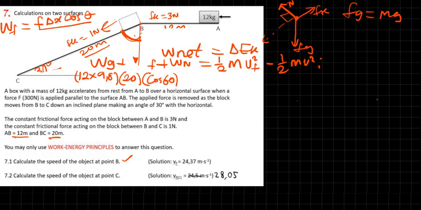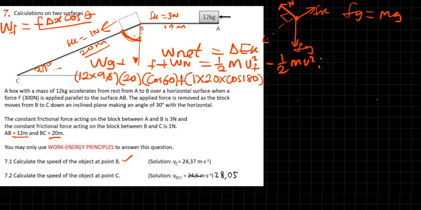So now plus our friction. Our friction is 1. So we are going to take our 1 and multiply it by the distance, which is 20, multiplied by cos of 180, because friction goes in the opposite direction. Friction always does negative work.